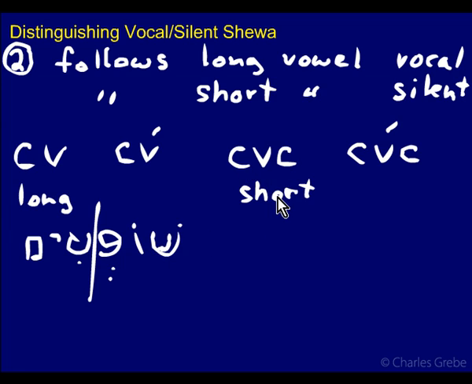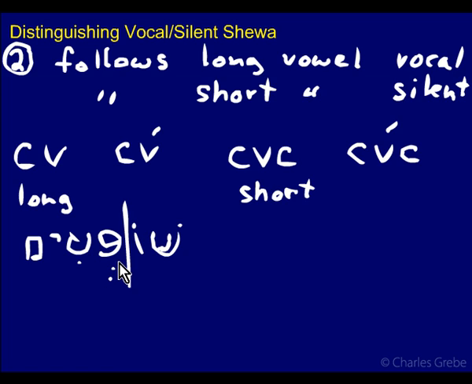So CVC requires a short vowel. We look here, CVC, we have a long vowel. So it can't be this. We cannot put our division here because the CVC requires a short vowel. We have a long one. So let's try this. So now we have CV, and it's long. So CV, long, unstressed. That's fine. Okay, so that's where our first syllable division goes.